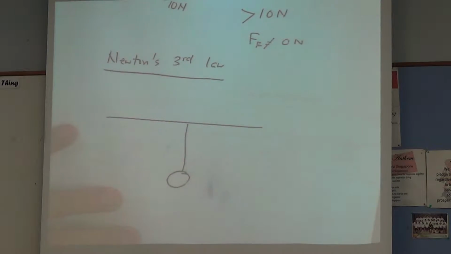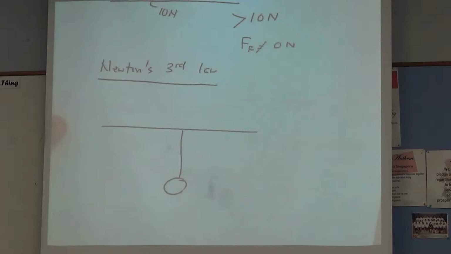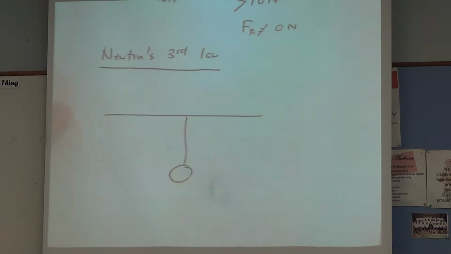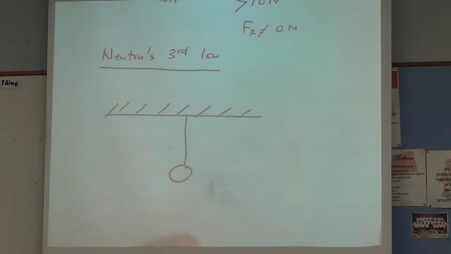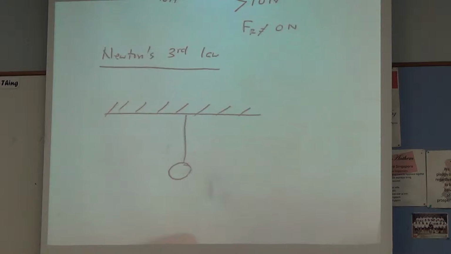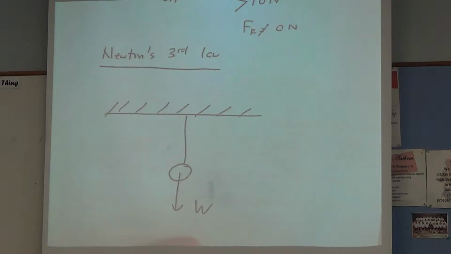Okay, good. Now, first of all, let's identify all the forces acting in this system. What are the forces present in this system? Gravity. Gravity is not a force. Gravity is a pull. It's a naturally occurring phenomenon. Weight is the force. Weight must act from the center if it is regular, right?